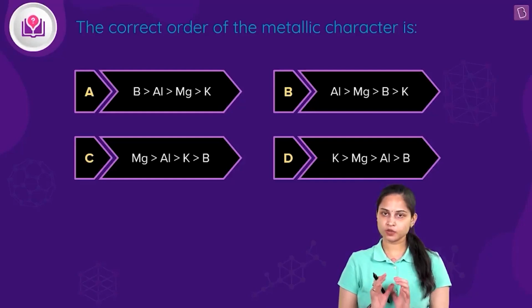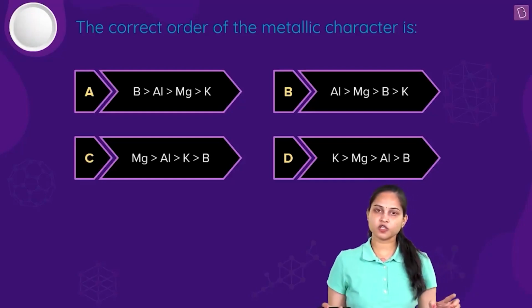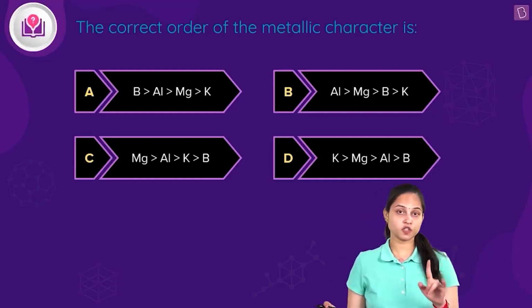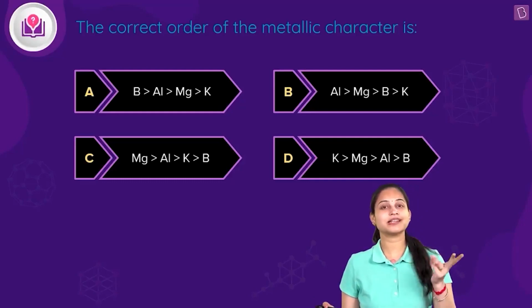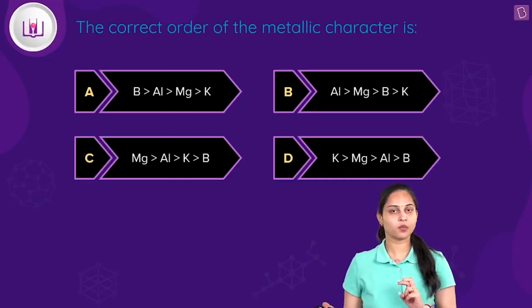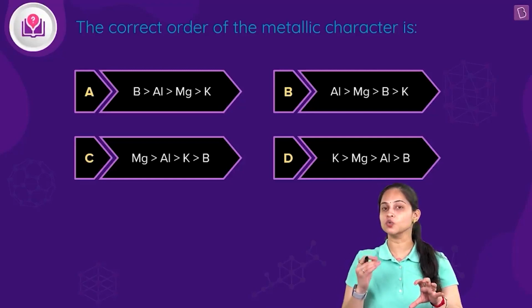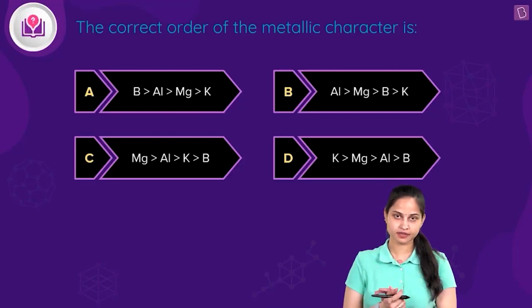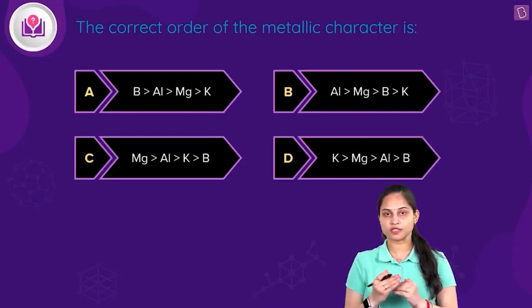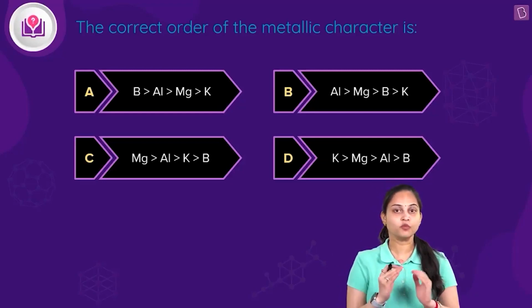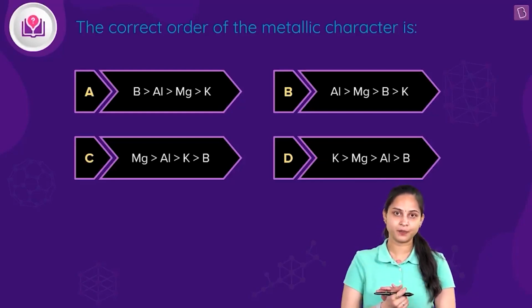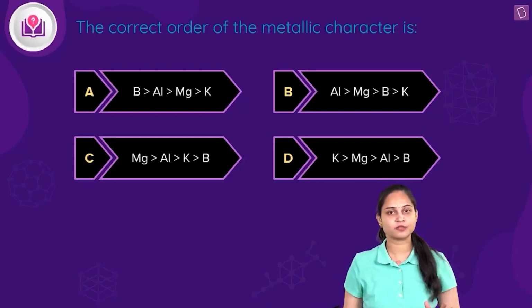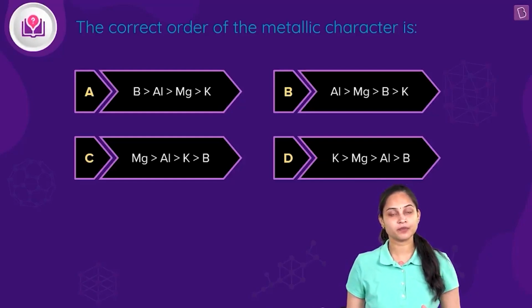If ionization energy decreases, it means electropositive character is increasing. Why? Because the tendency to lose electrons increases, the tendency to form cations increases, and hence the metallic character increases. The more electropositive an element, the more metallic its character, because its ionization energy has decreased.